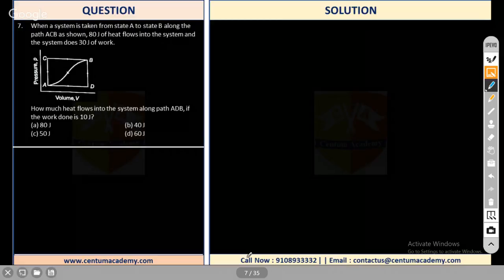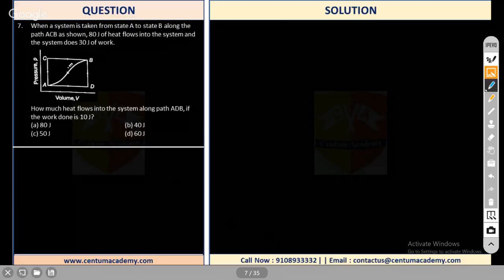Okay, see, a system is taken from state A to B. So this is A to B. There are two paths. One is ACB and the other one is ADB.